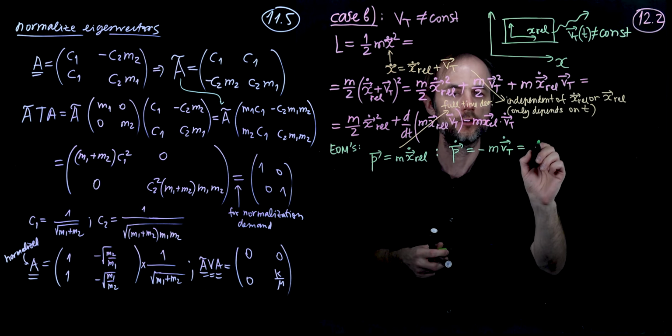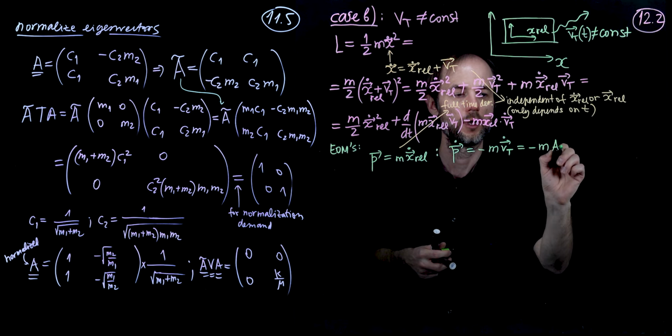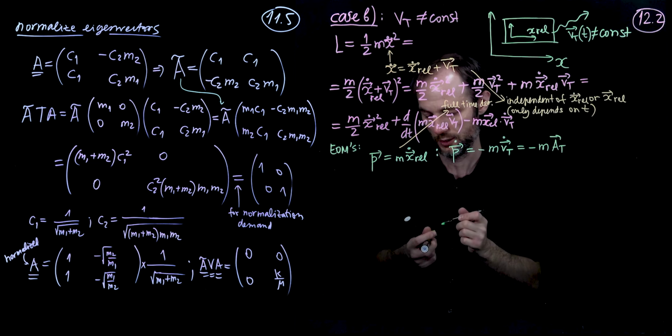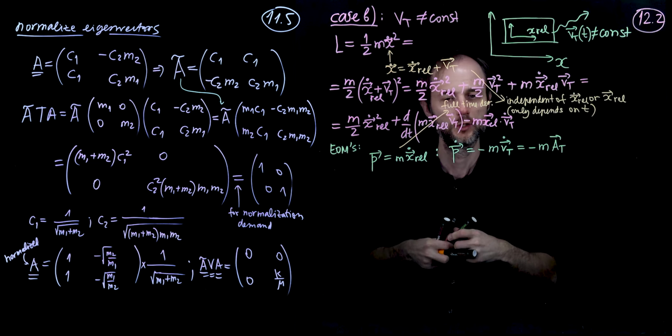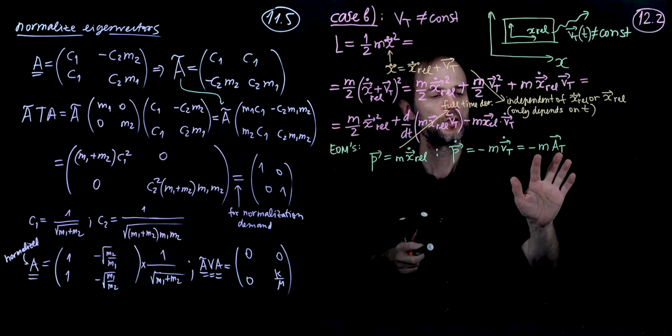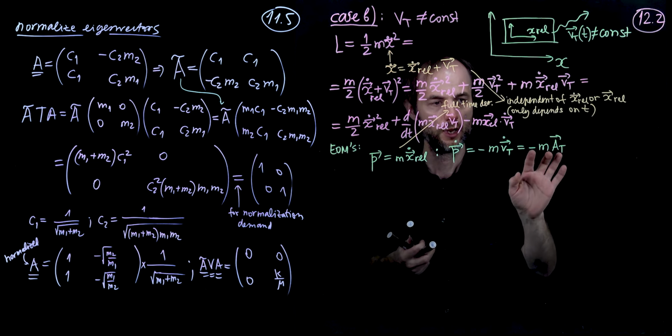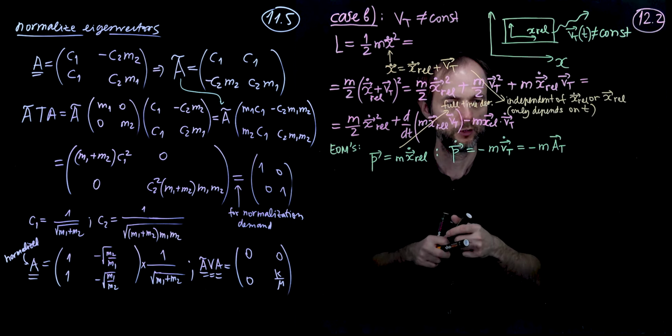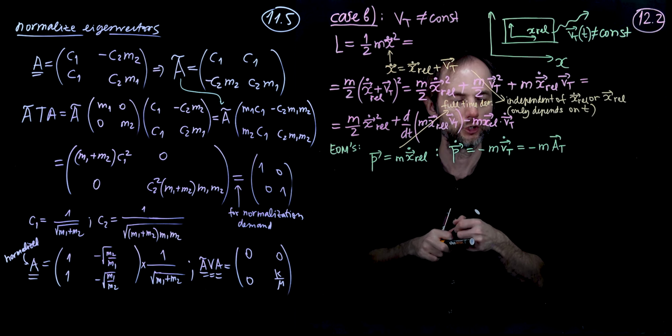Or in other words, this is acceleration. So we can write it out as minus m a_t, where a is the acceleration of the train. So what we have is the inertial force, F equals minus m a of the train, and this inertial force is what pushes us back.